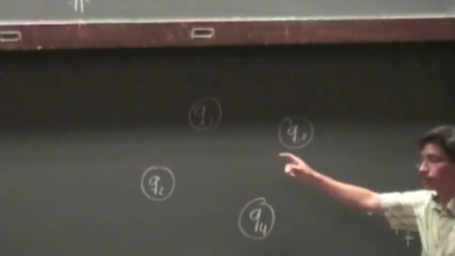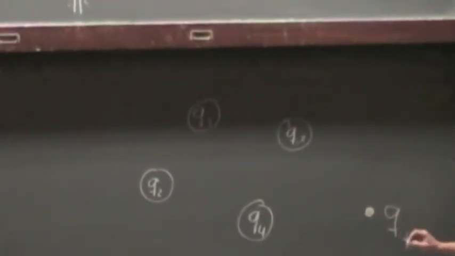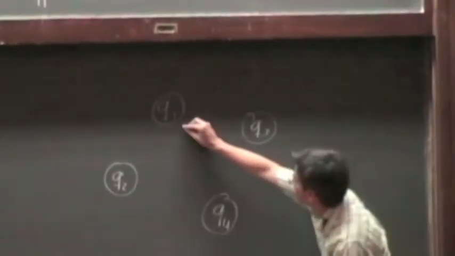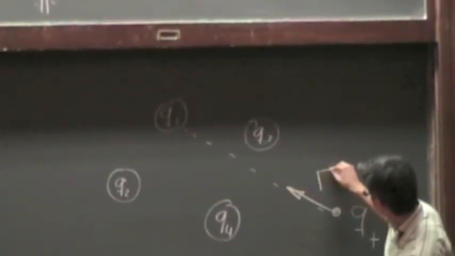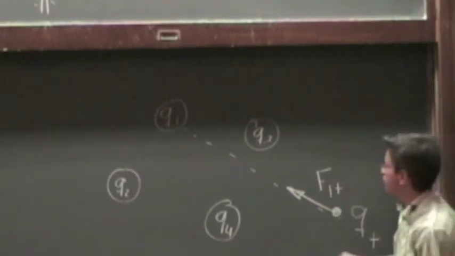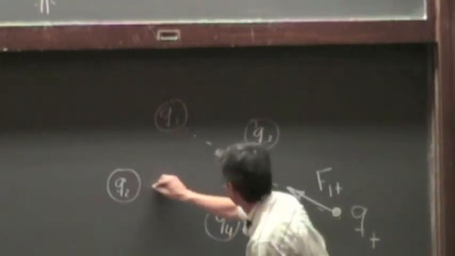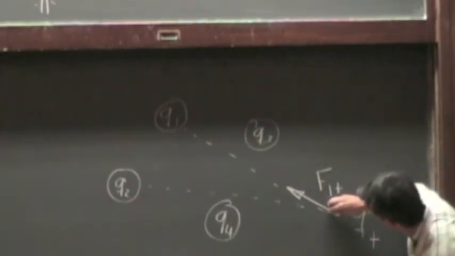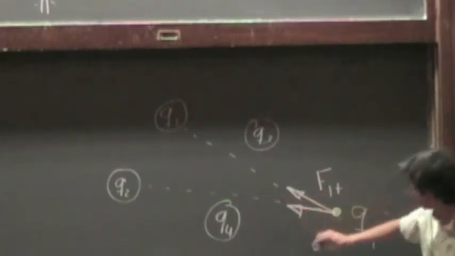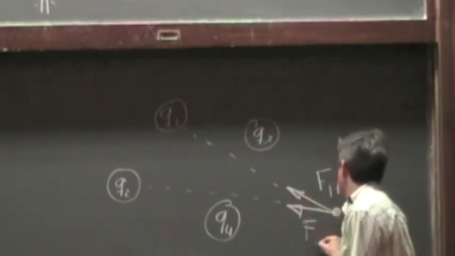We said that 1 puts a force on the test particle, so that force goes along this line. It's the force of 1 on the test particle. 2 does the same thing, so you can draw a line along those two particles. The force is going to be attractive or repulsive. So let's say that in this case it is attractive. So this is the force of 2 on the test particle.